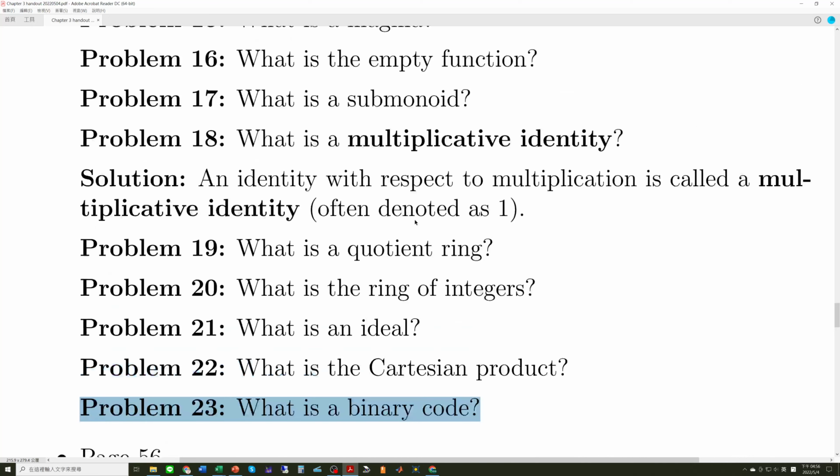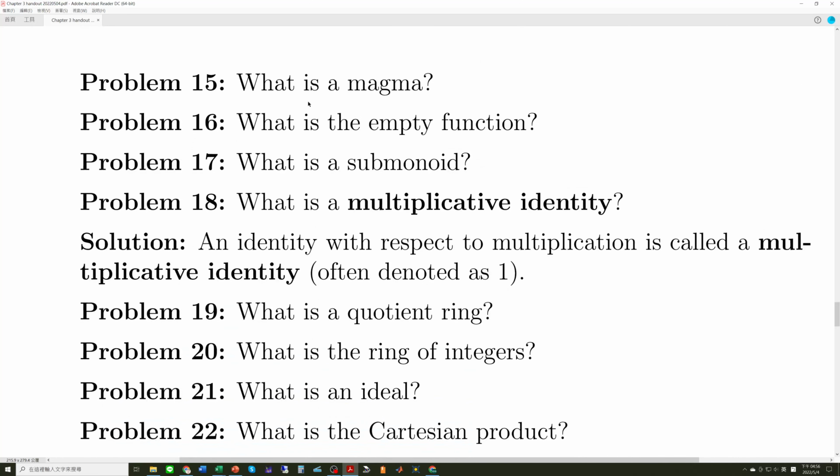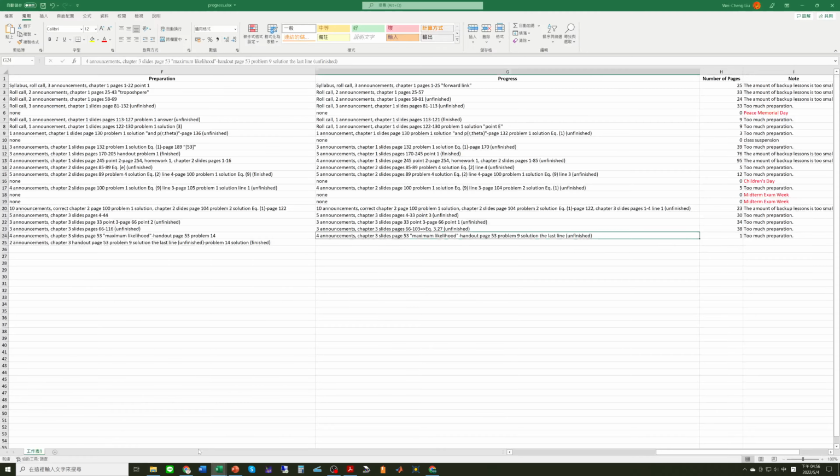The solution to these problems is still under preparation, so please let me introduce the solutions in the next class. Let us go back to the progress. We have finished introducing handout page 53, the problems with solutions.